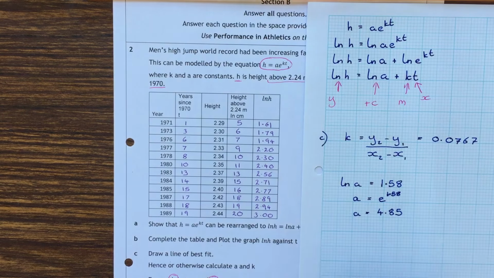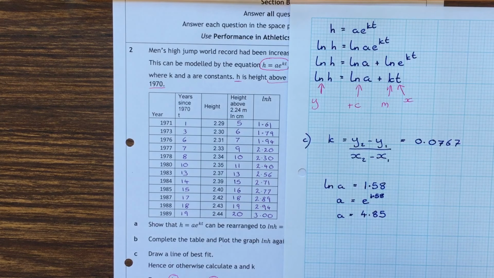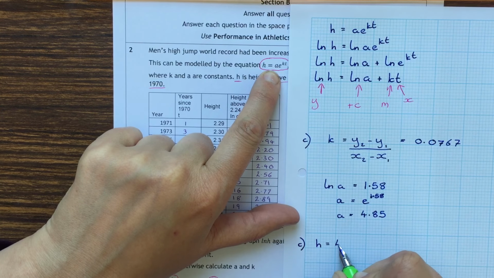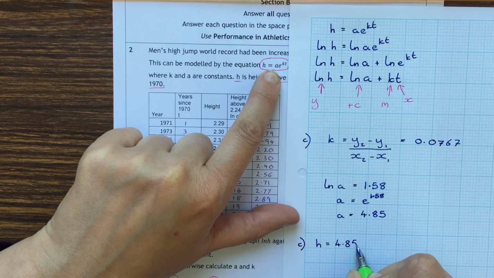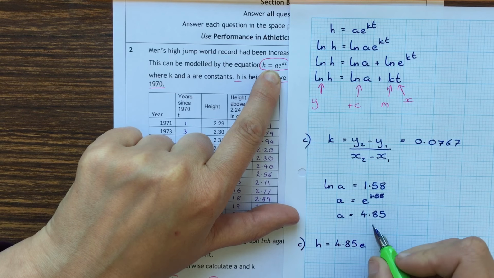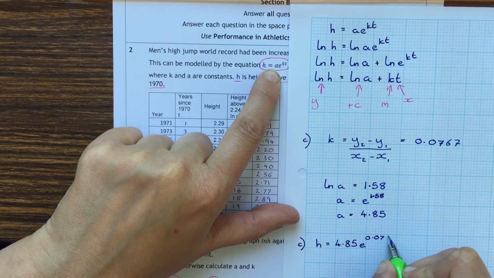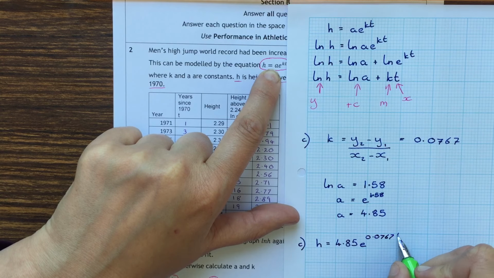So for part C, again, clearly weird numbering, we've got h equals a, which is 4.85, e to the power of k, which is 0.0767 t.